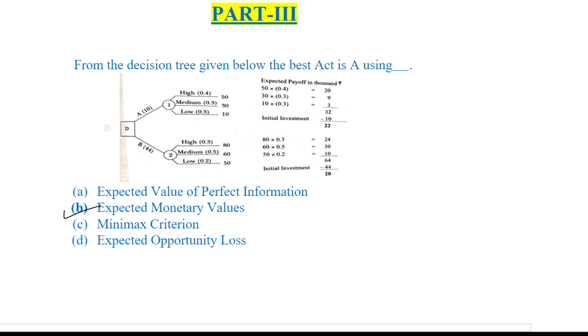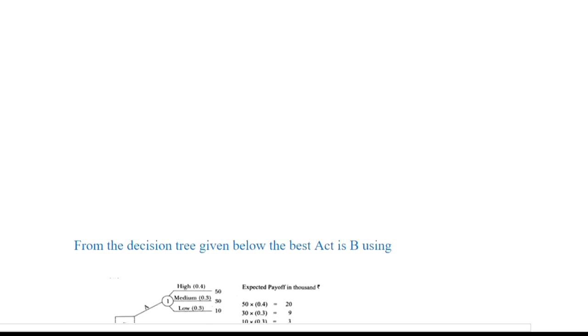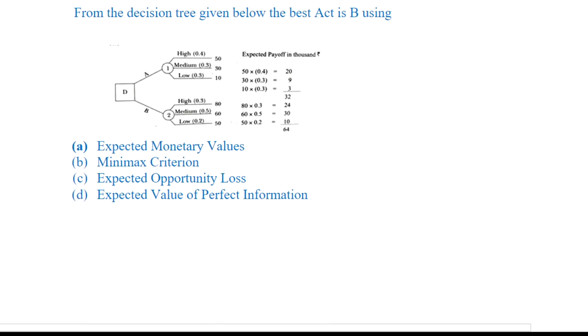Moving on to the next question. Same concept. The values for Act A is 32 and for Act B it is 64. So I'm being asked to find out which approach I have taken to identify the best act. The right answer would be again expected monetary value, or in short EMV.